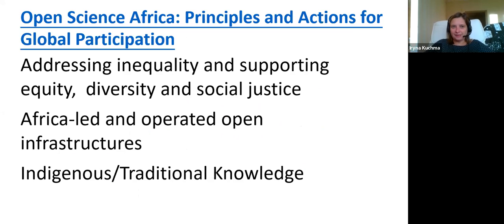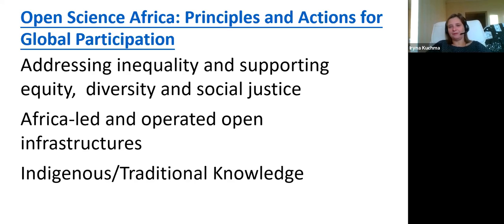These principles were developed together by African NRENs, RENs, and library consortia, which work together in an initiative called LIBSENSE. We stress the existing inequalities in scholarly communication and the need for more equity, diversity, and social justice. We stress the need for Africa-led and operated open infrastructures.